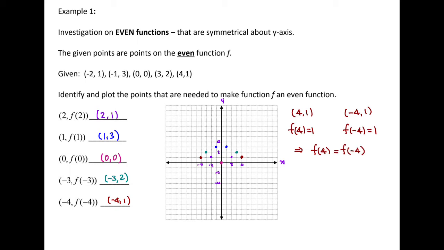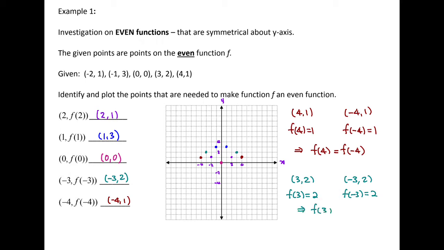Let's look at the second to last point. We have 3 and 2. The symmetrical point will be at -3 and 2. Once again, 3 and 2 can be written in function notation: f of 3 equals 2. This means when x equals 3, y is 2. And for the other point, we can write f of -3 is also 2. So they have the same y values.